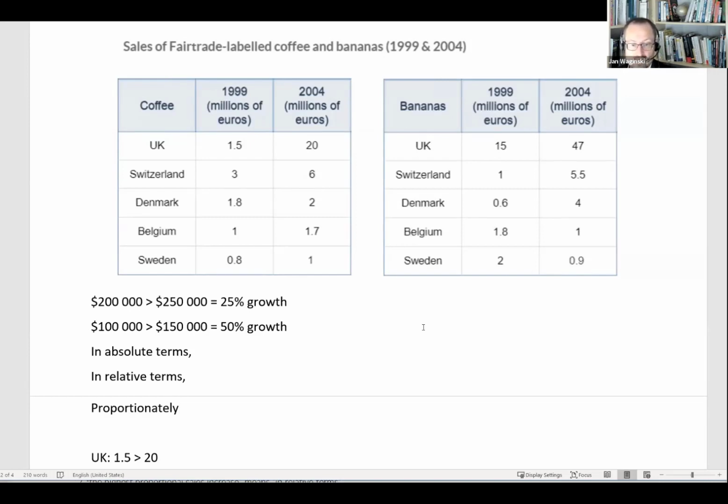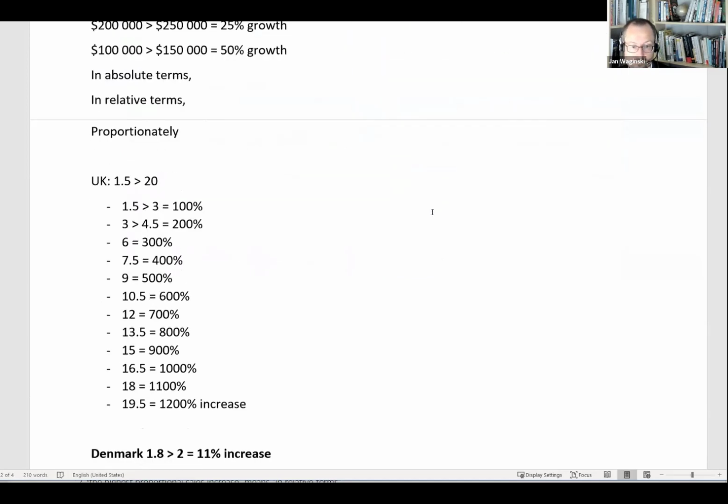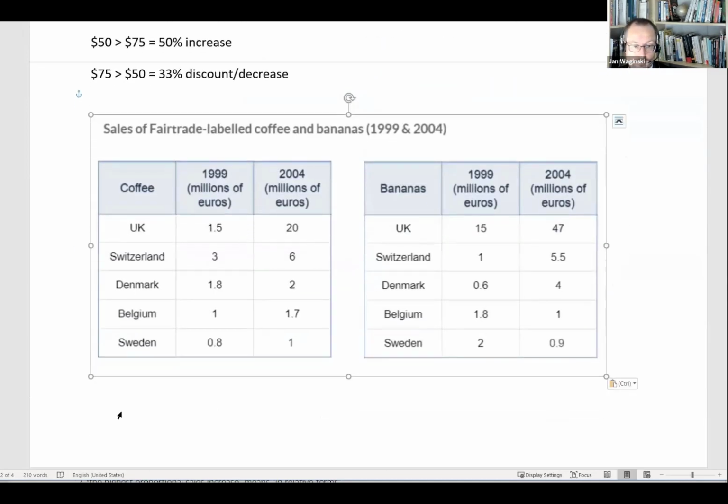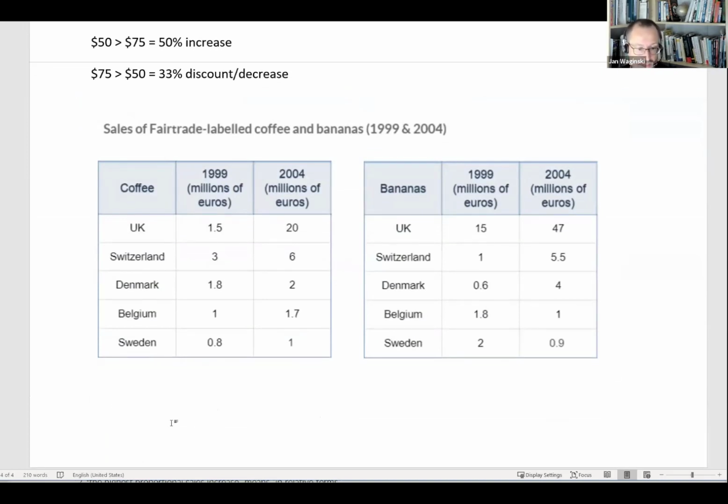Okay, now let's look at bananas. Tell me about bananas in the UK. Not 3%, threefold. A threefold increase.